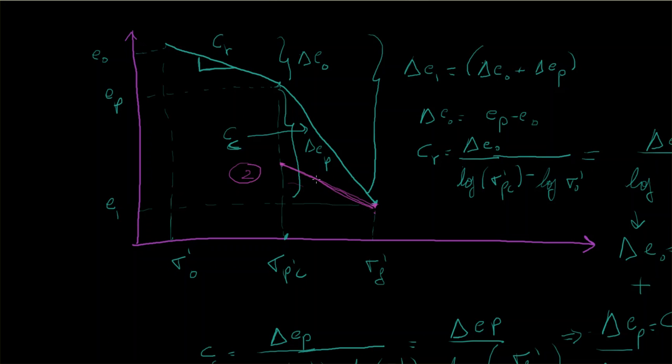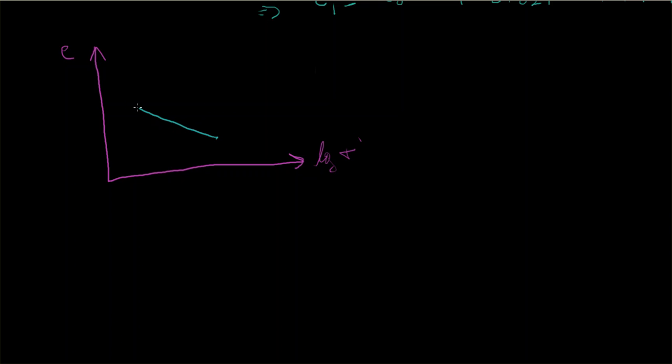We can see that we're moving along only one slope, which is CR, correct? So now I'll draw another graph, and that is CR.